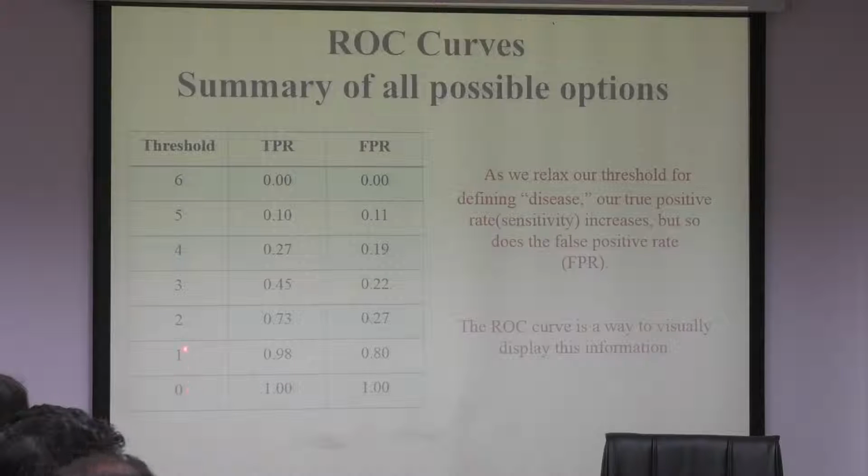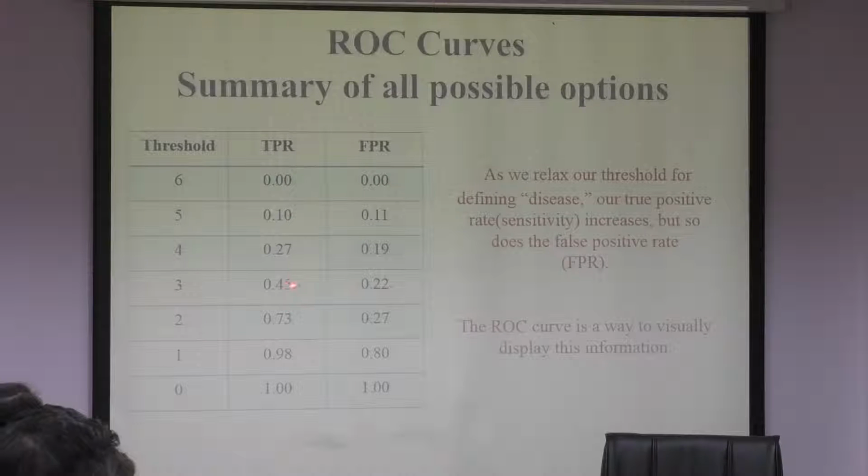When I change my threshold, my sensitivity decreases, but my specificity increases, right? Or 1 minus specificity decreases. And so on and so forth till I reach 6 here, which means 0% sensitive and 100% specific. But it doesn't help me by doing that. So most probably it is somewhere around here.